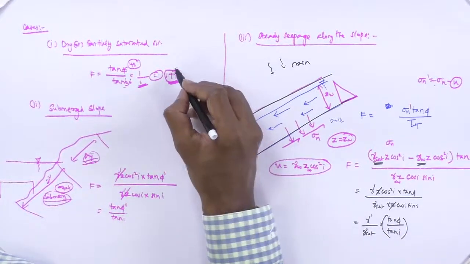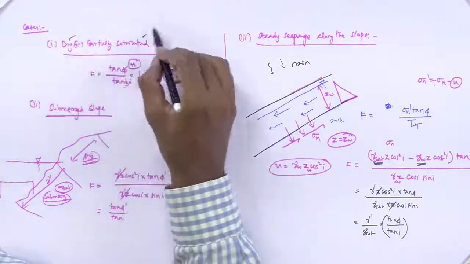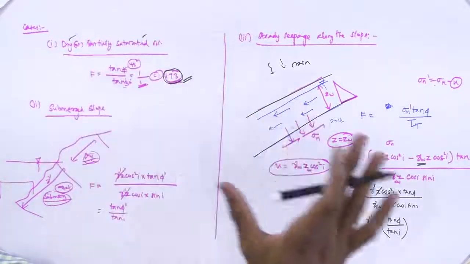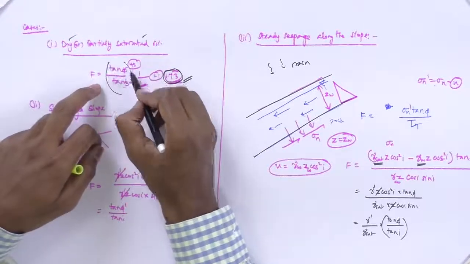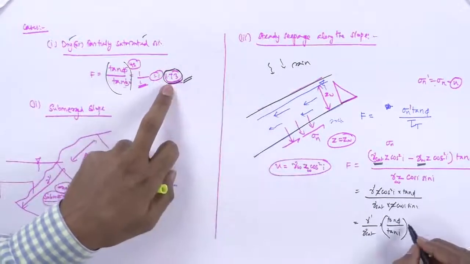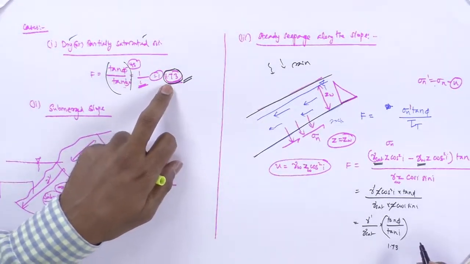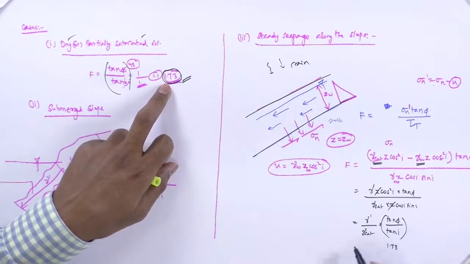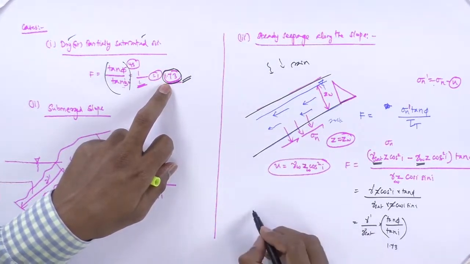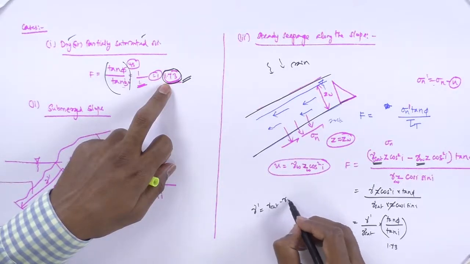So actually the slope which we are thinking as safe in dry or partially saturated conditions, so here this tan phi divided by tan i for 45 degree, 30 degree, it is going to be the value of 1.73, which means this is 1.732 value, and further it is reduced. So gamma dash, what is gamma dash value? It is gamma sat minus gamma w.